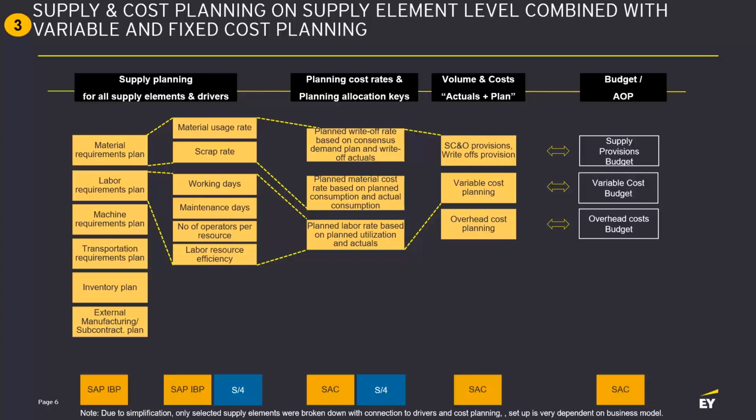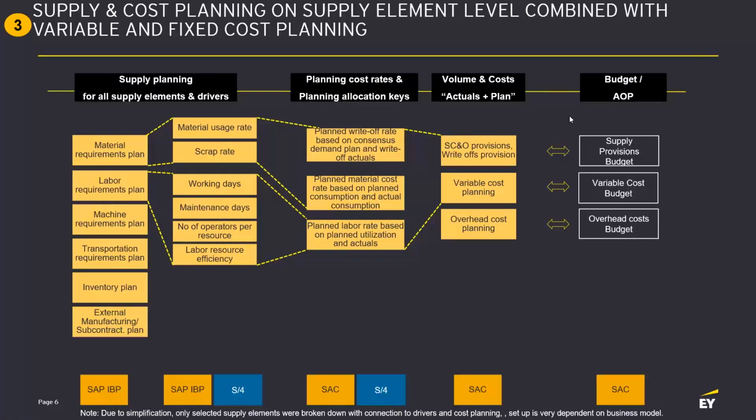So then you compensate with temporary workers, but at a higher cost. Integrating this information into the SAC will help you to plan your specific cost element and overall cost.